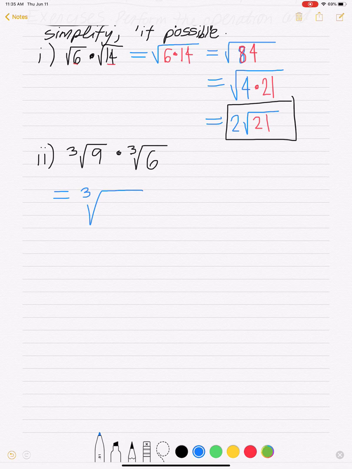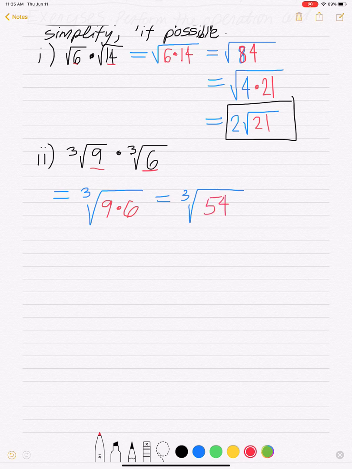So let's think about writing here 9 times 6 under our common radical, the cube root. What is that equal to? That's equal to the cube root of 9 times 6, which is 54.